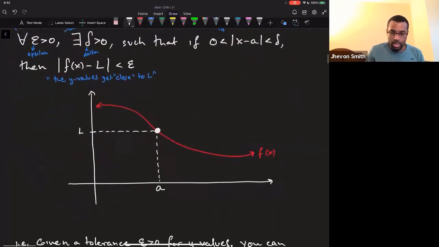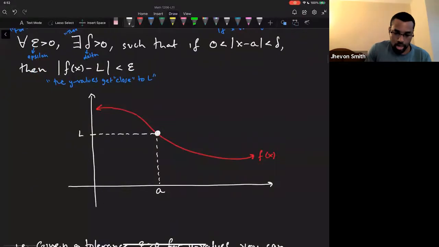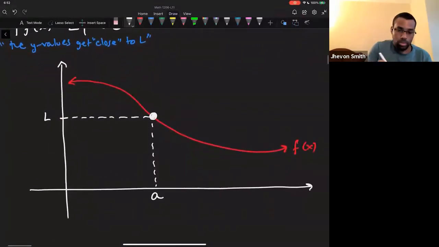So just to illustrate what that means. There is going to be a tolerance that they have for how close you want the y values to get.